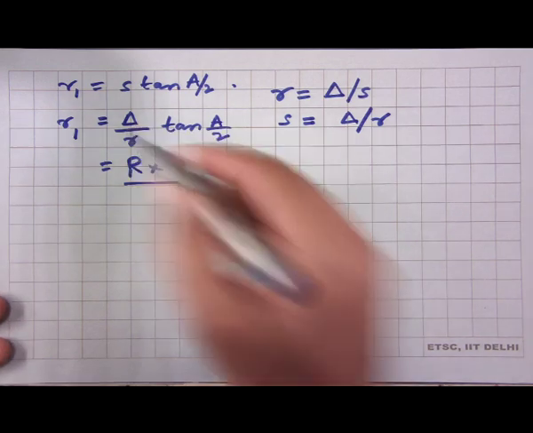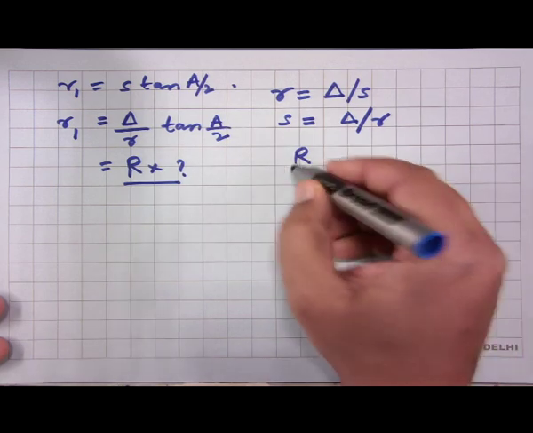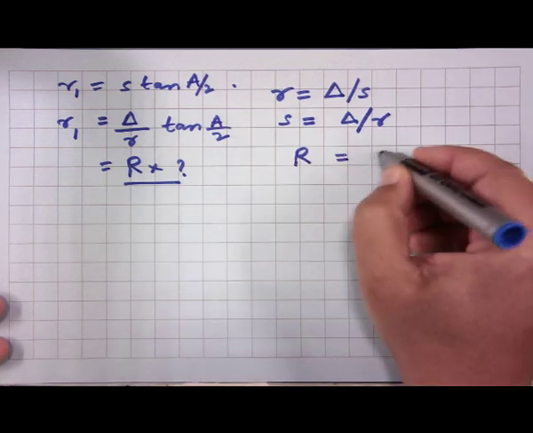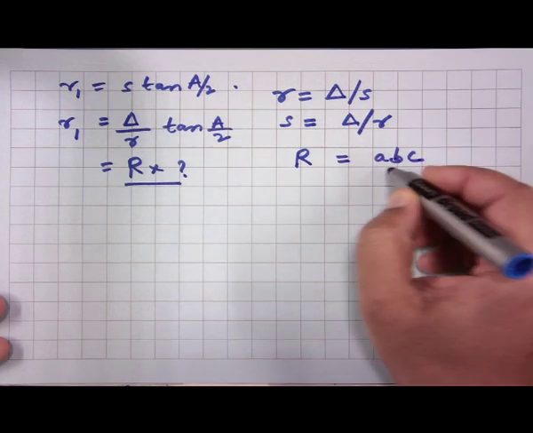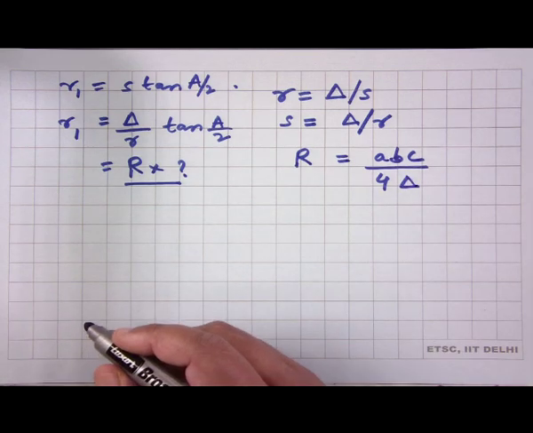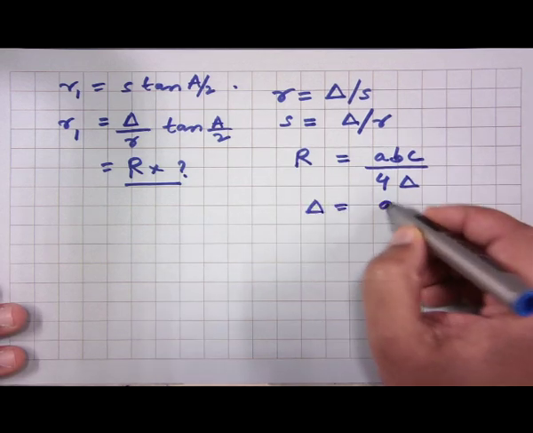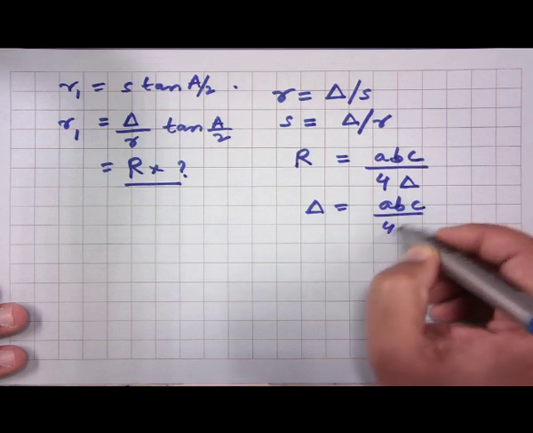Further, we also know that the circumradius of the triangle ABC is equal to the product of the sides divided by 4 times the area of the triangle, or alternatively this also means that the area is equal to ABC by 4R.